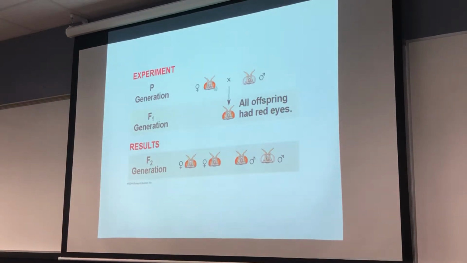These ones are female, these ones are male. Here, all of them, yes, red eyes, but here in the F2, notice that all females have red eyes, but the males are 50 and 50. So now here we're dealing with the sex chromosomes.